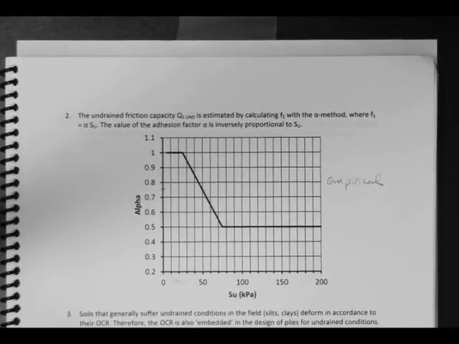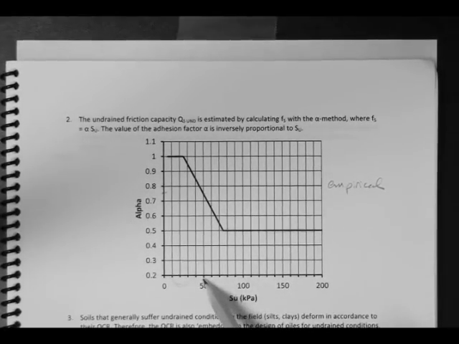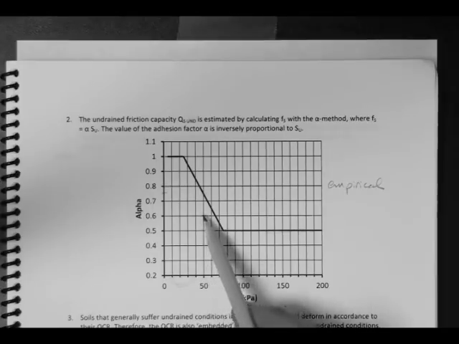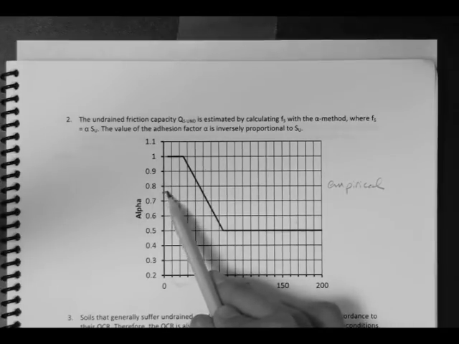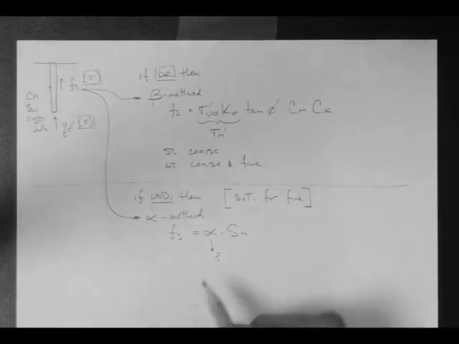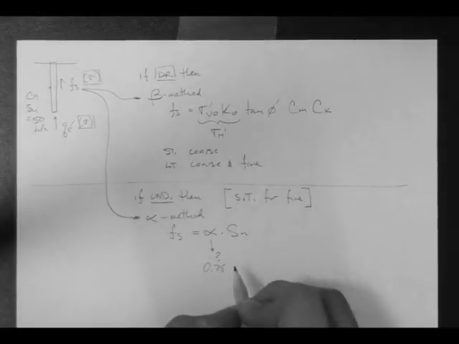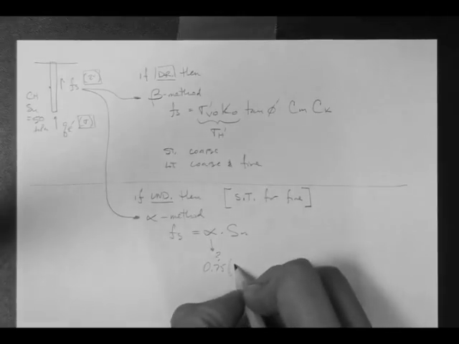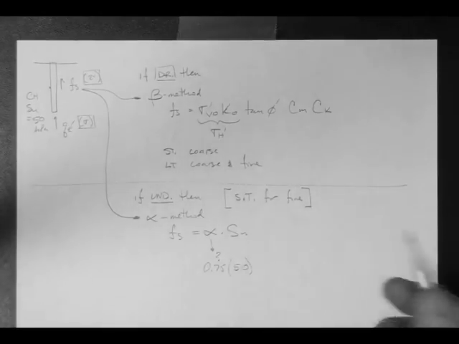In that case, we go to the SU here, 50 kPa, alpha is 0.75. All right, so 0.75 times 50.